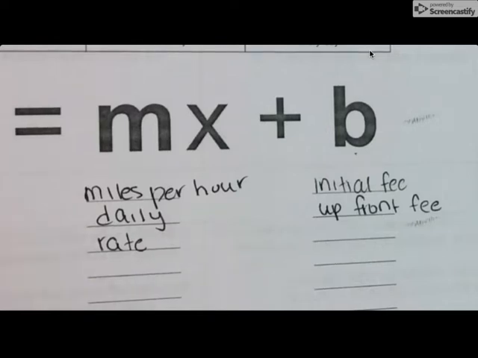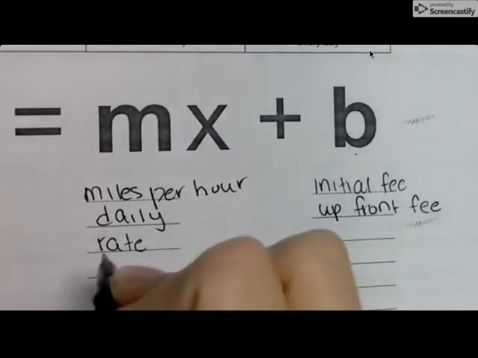Now we're going to look at the second box. Monthly, every hour, down payment, security deposit, each day. Okay?